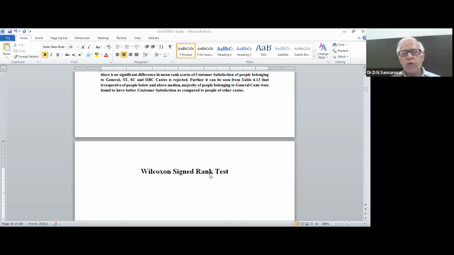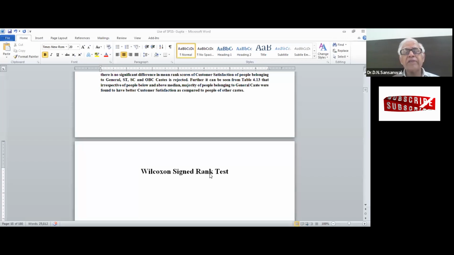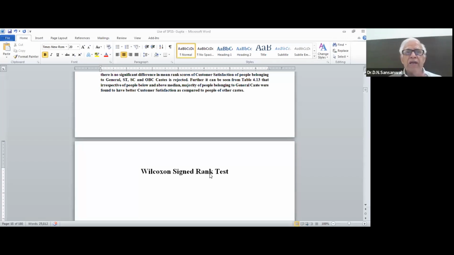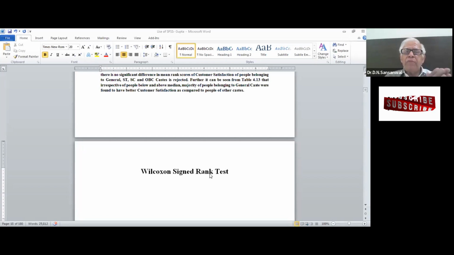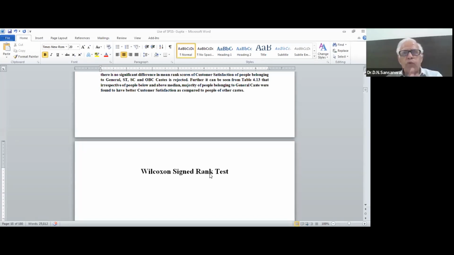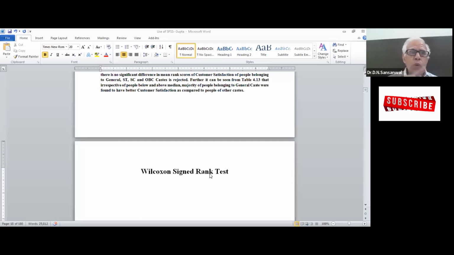But in the Wilcoxon signed rank test, you should have a related sample. That means only one sample, and you will be having the pre-scores and the post-scores. Like if you have done the correlated t-test.